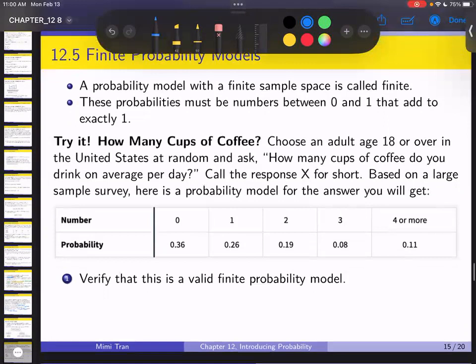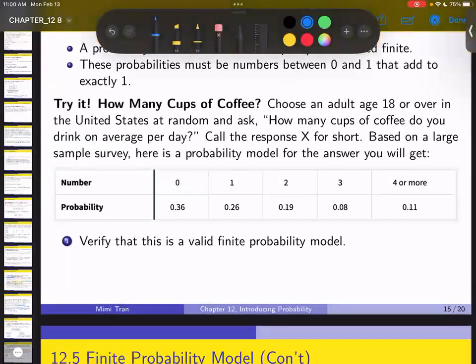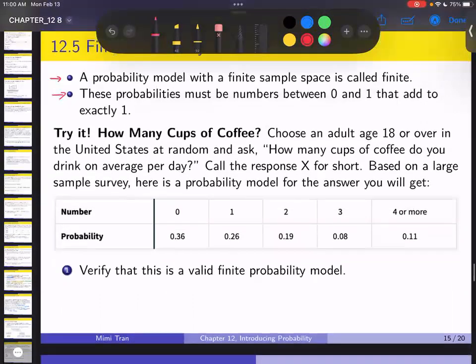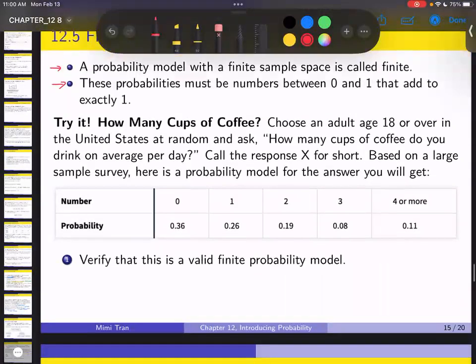From the table, I can ask you a bunch of questions. Let's verify that this is a valid finite probability model. Remember the definition of a finite probability model: each probability takes a value between 0 and 1, which they do, and if you add them up, they have to equal exactly 1.